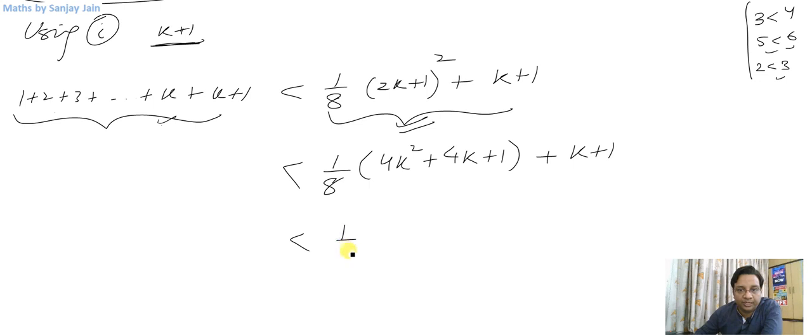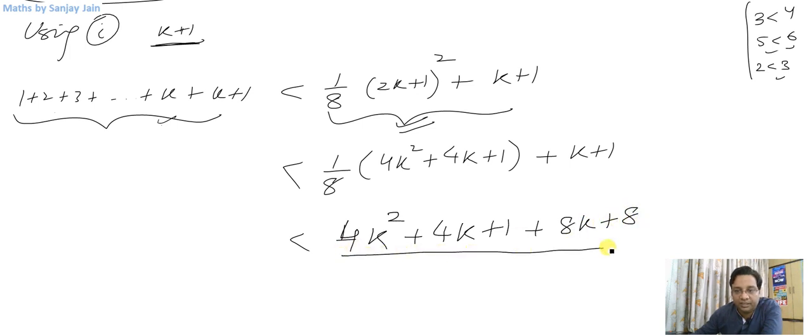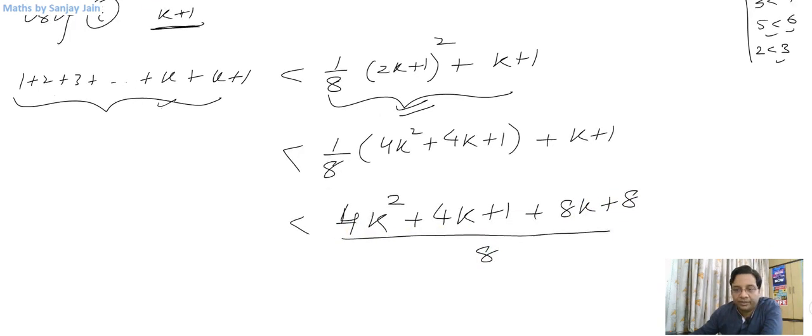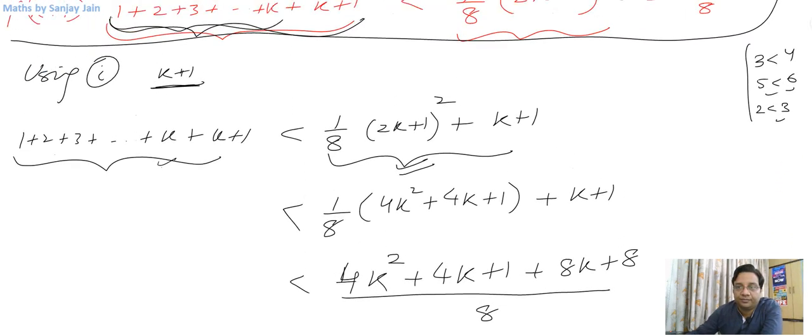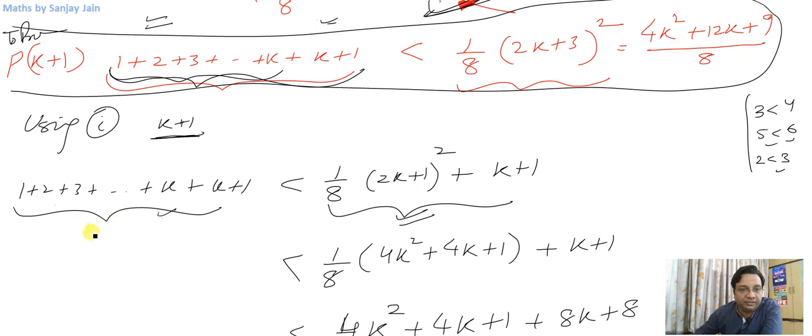1 upon 8, or let us get rid of this 8 or bring it into the entire denominator. So I'll have to multiply this here, 8k plus 8, and then it will be here. In the next step, if you see, now what I'm looking for is that the expression that I've written here is lesser than this, (4k squared plus 12k plus 9) by 8, right?